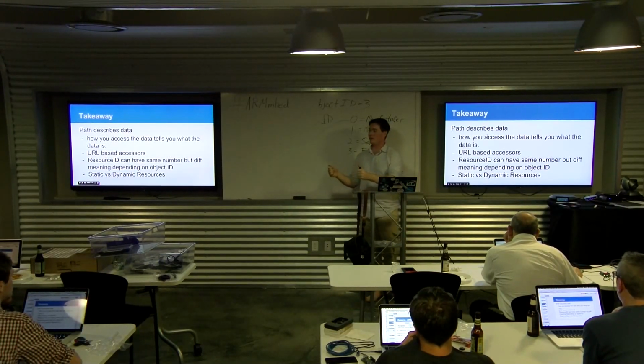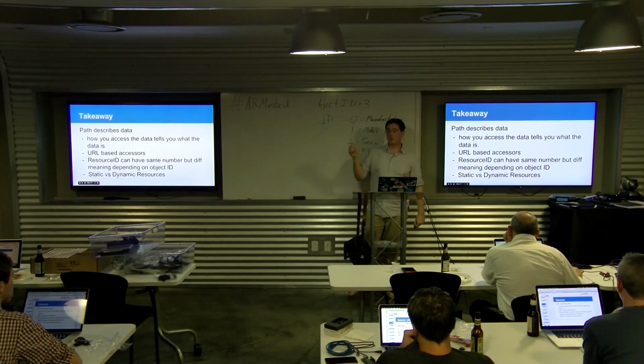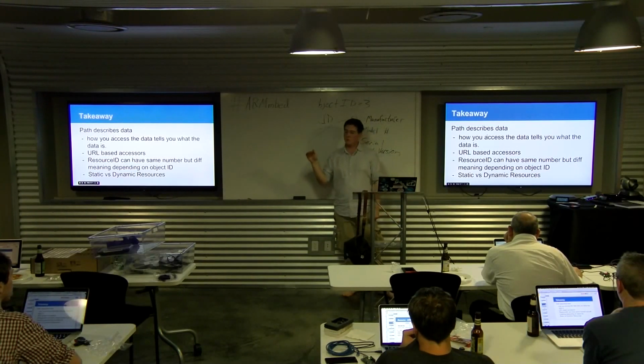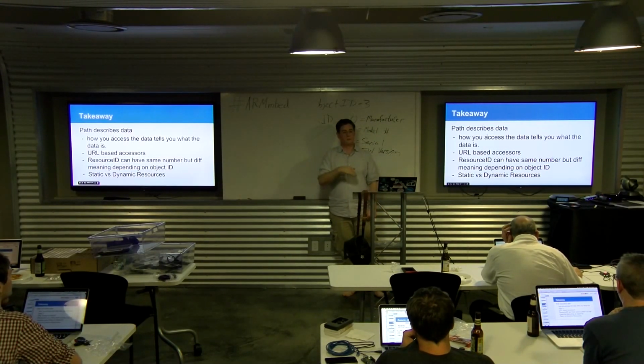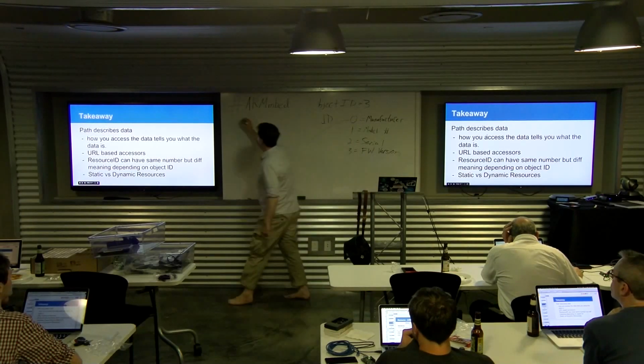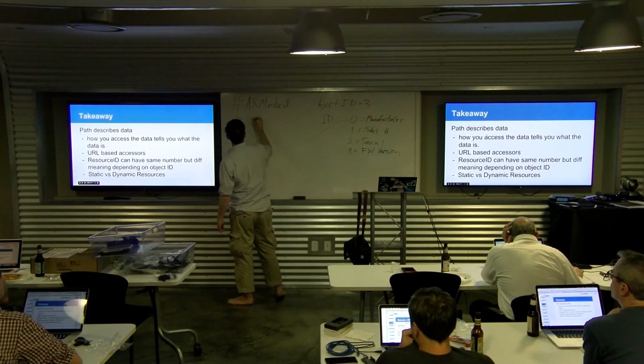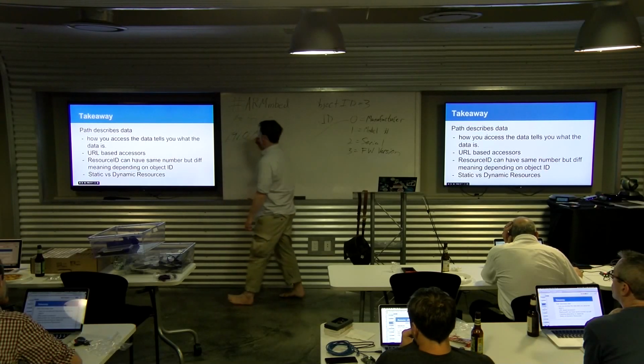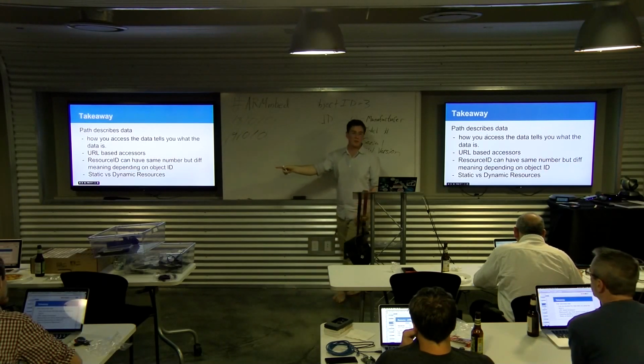Other very important thing that messed me up for a while. The resource IDs can get reused. So if I was using below 2000, those are reserved for a reason. And it's because an object ID can reuse them. So for example, /3/0/0 and /4/0/0, these mean totally different things.